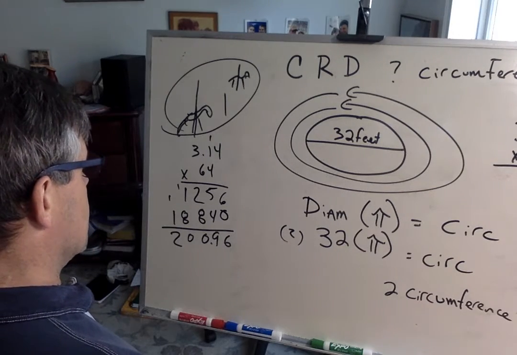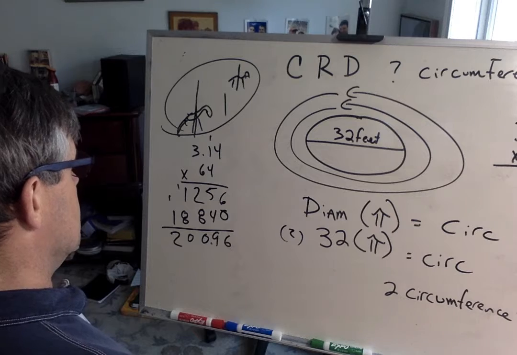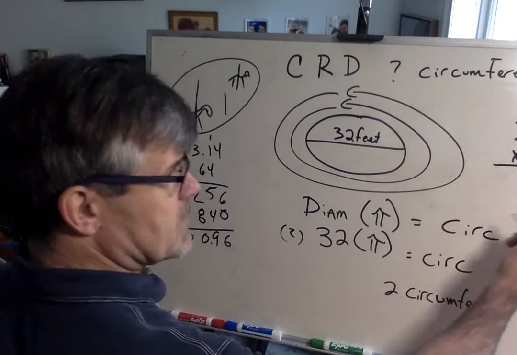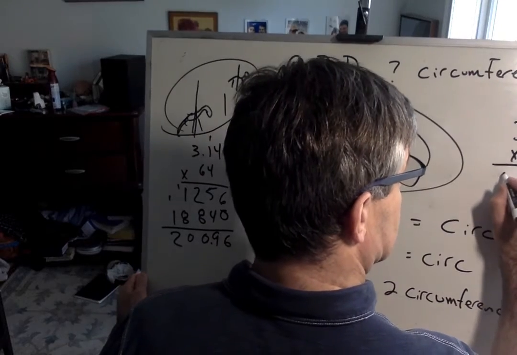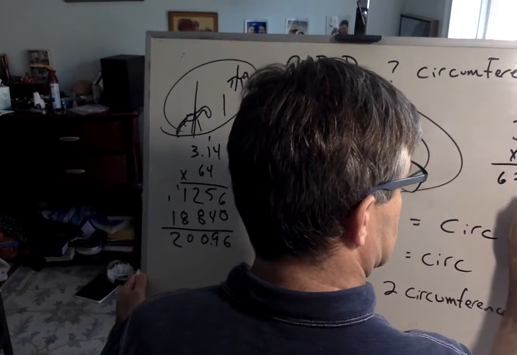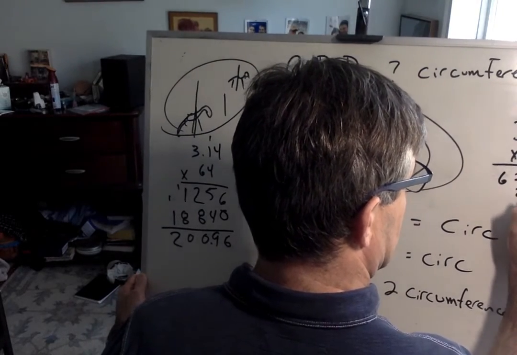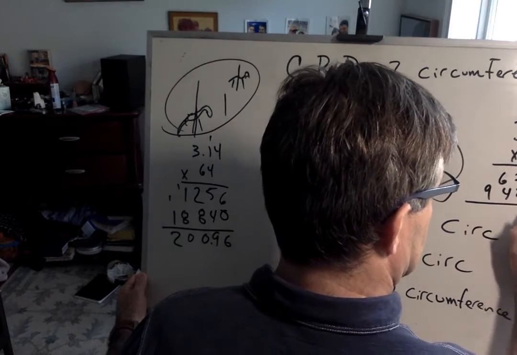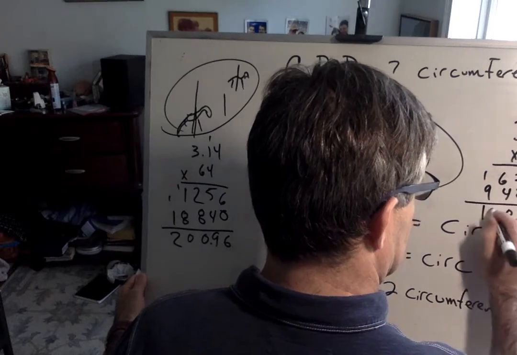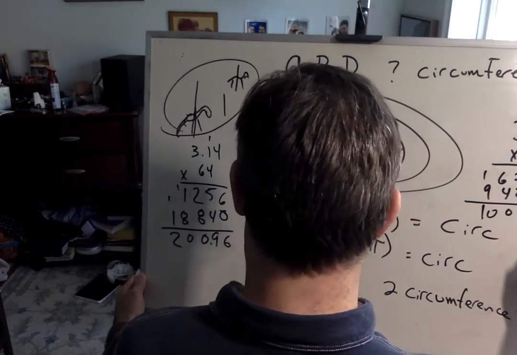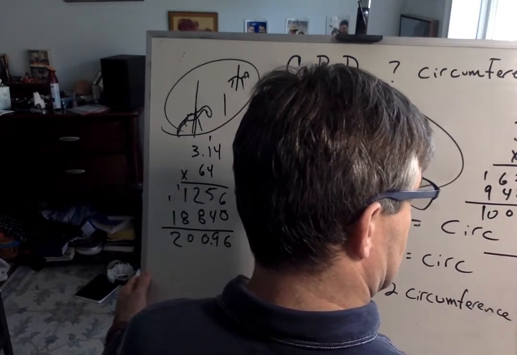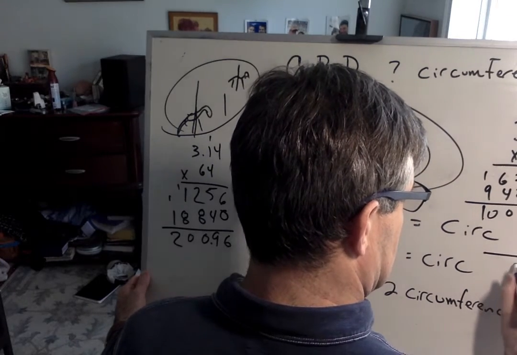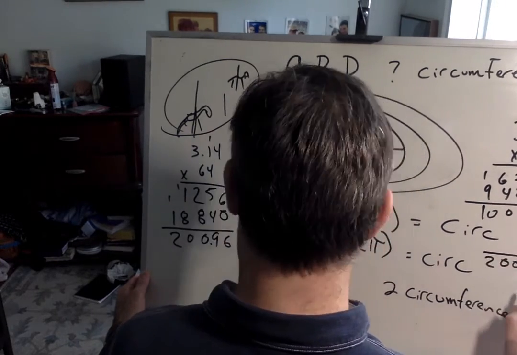And then 24, carry the 2. So it's going to be something like that. And then here we get 628, and then multiply this by 2, and we get 1256.